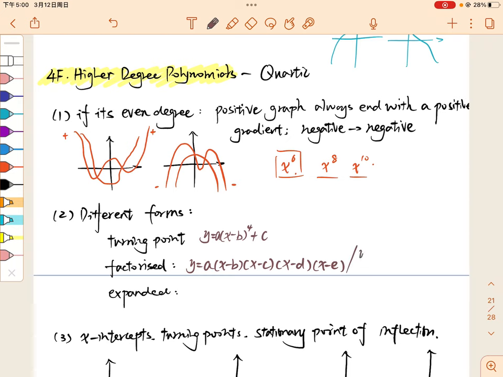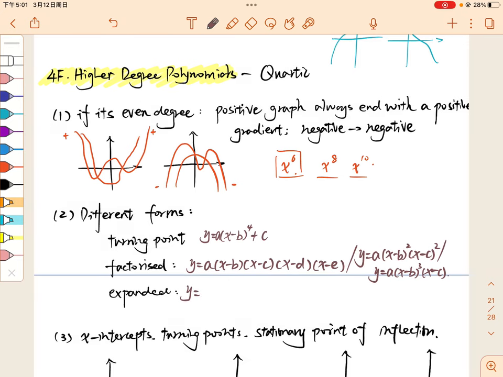This is the case where you get different combinations. You might have a times (x minus b) squared times (x minus c) squared. Or you could have y equals a times (x minus b) cubed times (x minus c) to the power of 1. Different combinations here, but they're all factorized already. And the last one is the expanded form, where you have a times x to the power of 4 plus b times x to the power of 3 plus c times x to the power of 2 plus dx plus e. So these are the 3 forms of the quartic polynomial.